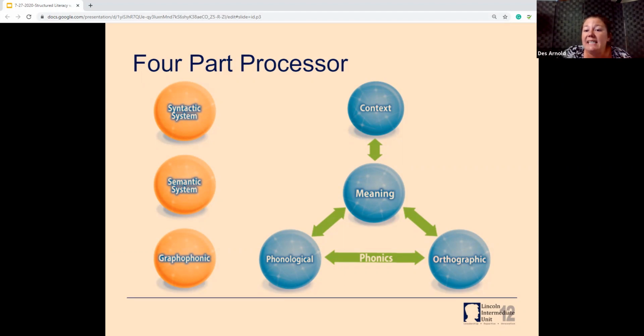So the 3 cueing system is at odds with the research-based model in a number of ways. When we talk about the 3 cueing system, we're talking about work from the 1980s, which has since been marked as not as valid as some other models.